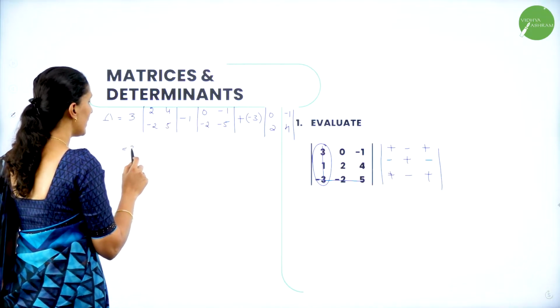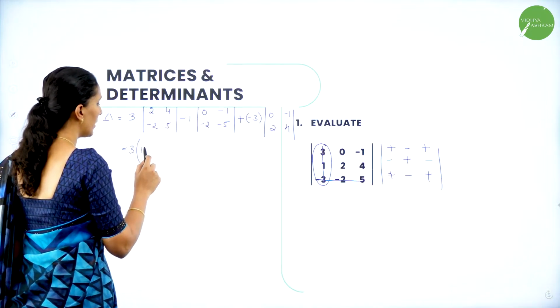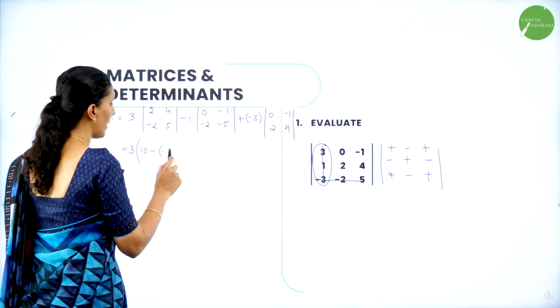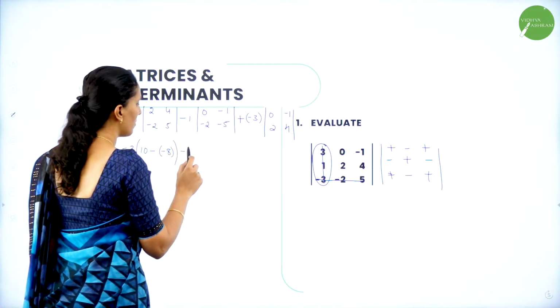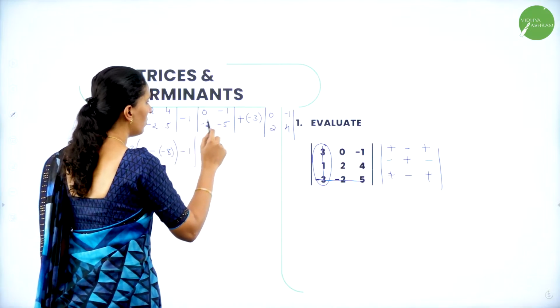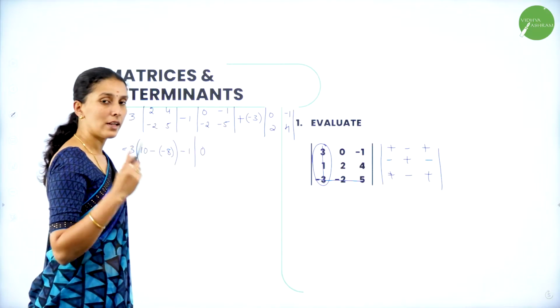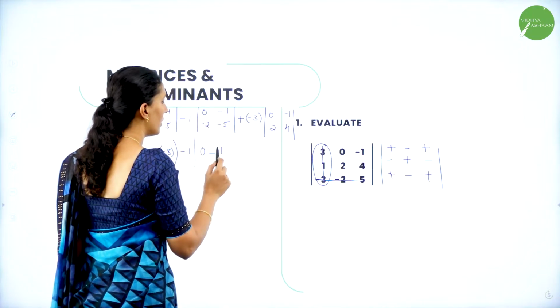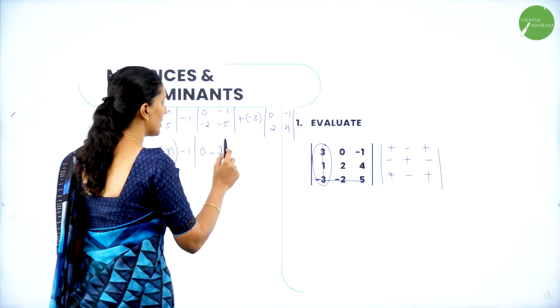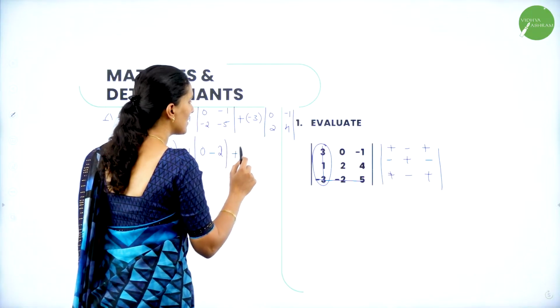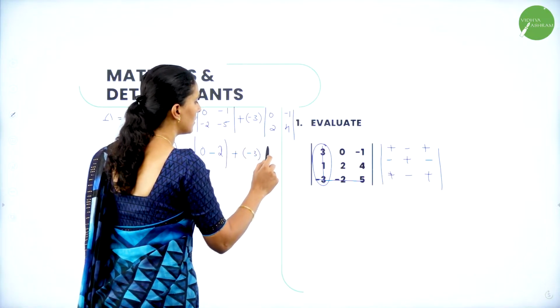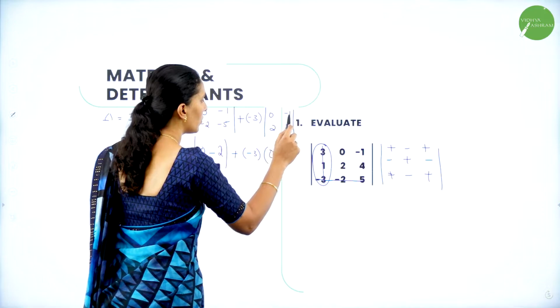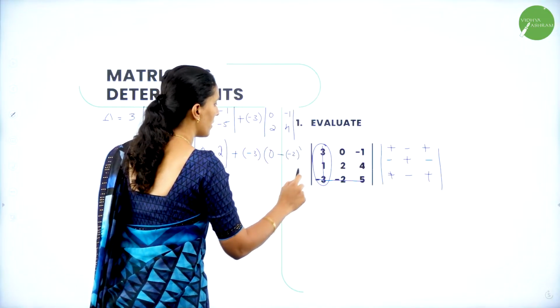So it is 3 into 10 minus of minus 8. Next minus 1, it is 0 minus 2 into minus 1 is 1, 2. So this is done. Next we have plus minus 3 here. So 0 minus 2 into minus 2 is minus of minus 2.